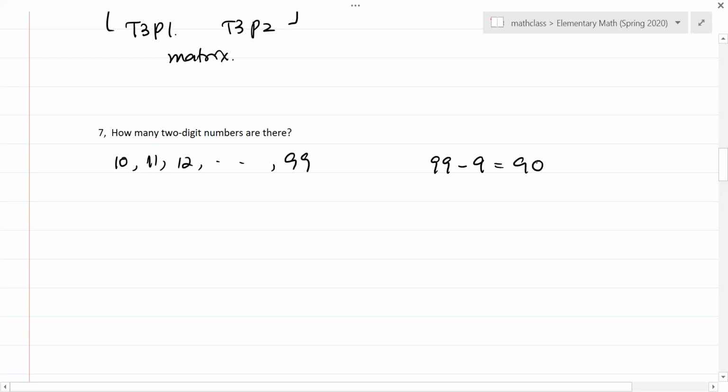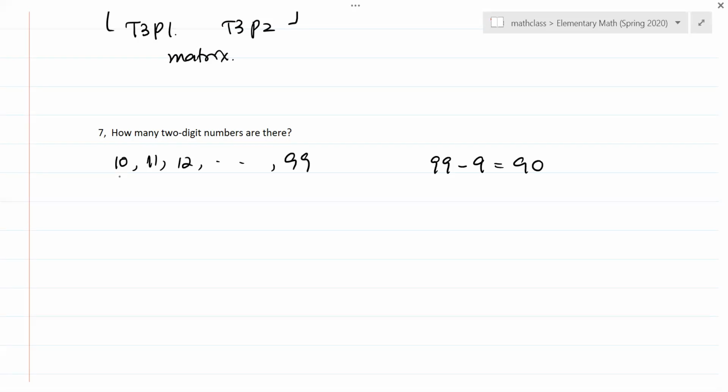Why minus 9? Why not minus 10? The common mistake is 99 minus 10. No, because 10 is included in this set of two-digit numbers. It's easy to make a mistake; some students indeed make mistakes and give me 89, not 90.